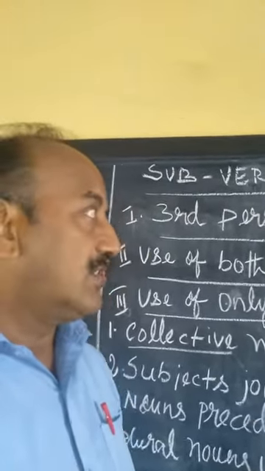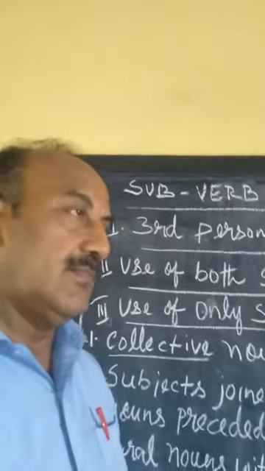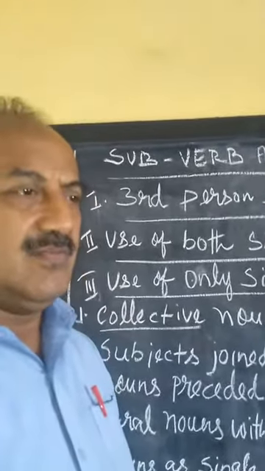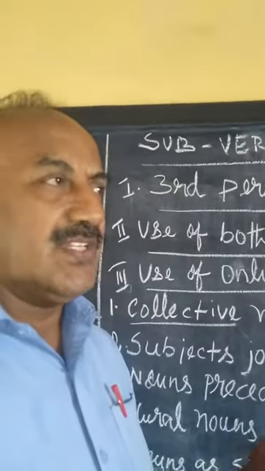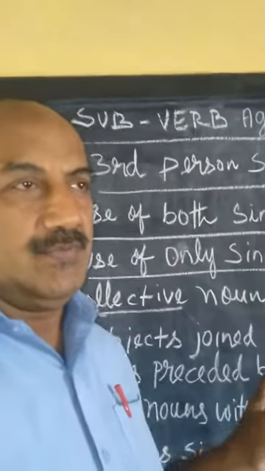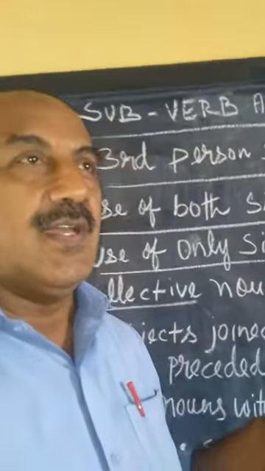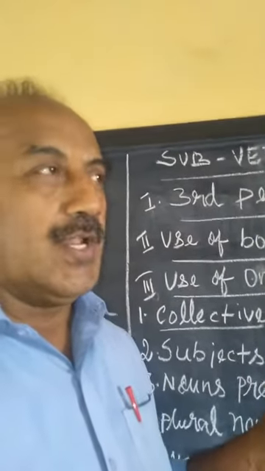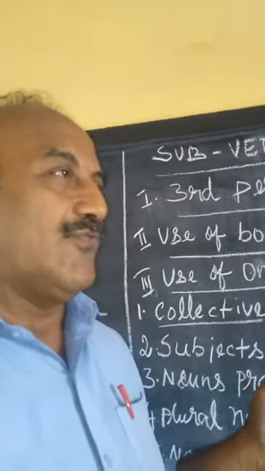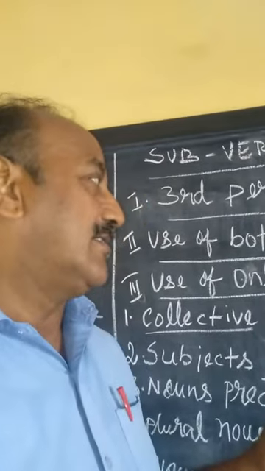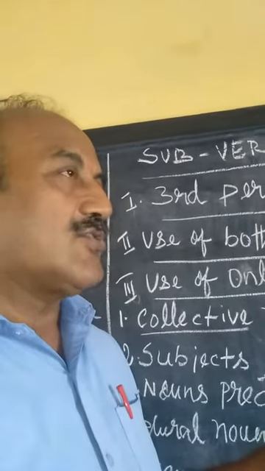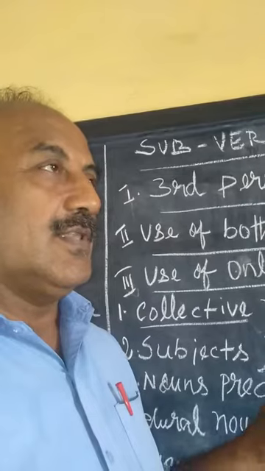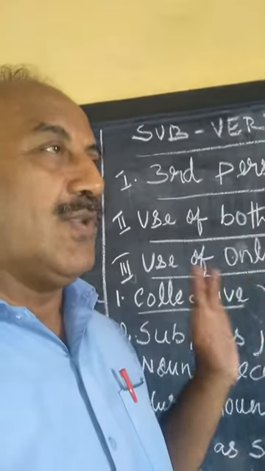Now, subject verb agreement. In any sentence, the subject is closely related to the verb, whether it is for singular or plural, whether it is for past tense or present tense. Whatsoever, the subject has to agree with the verb always.